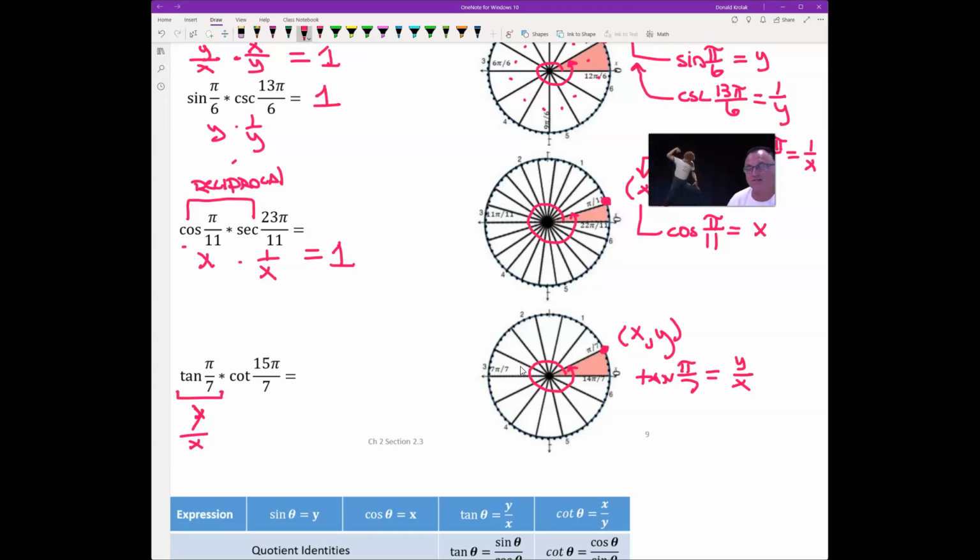So cotangent is x over y. These are the same point on the circle. I ended up at the same place. So this one is x over y, and those are reciprocals, and when I multiply them, I get 1. So that's the work on reciprocals.